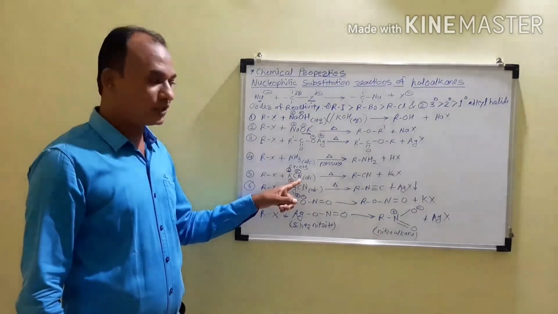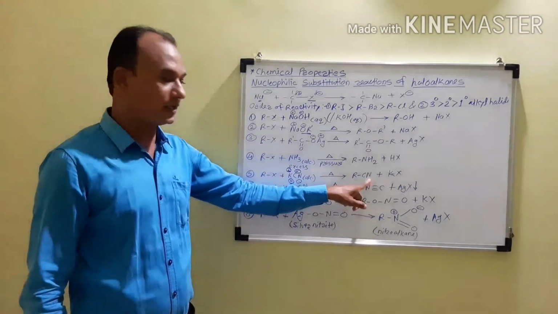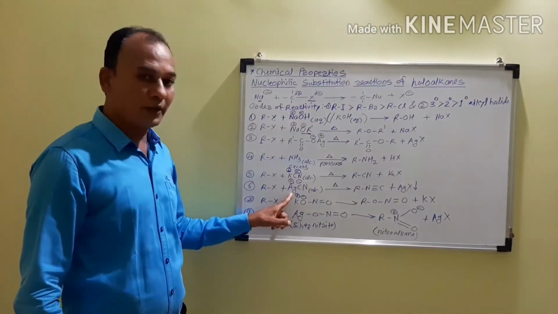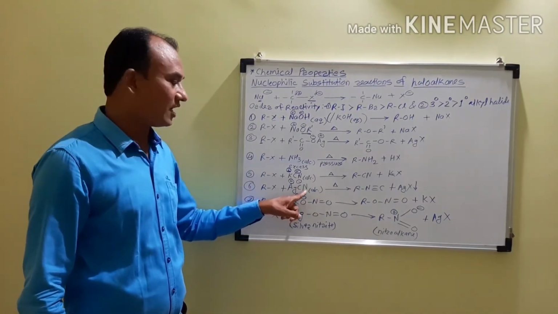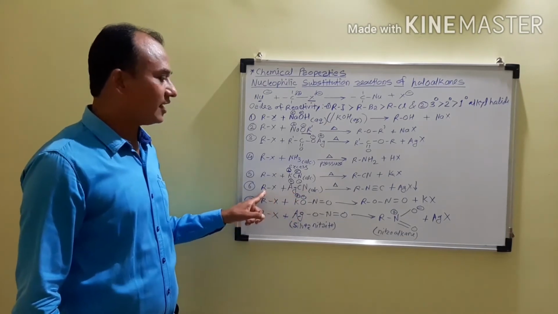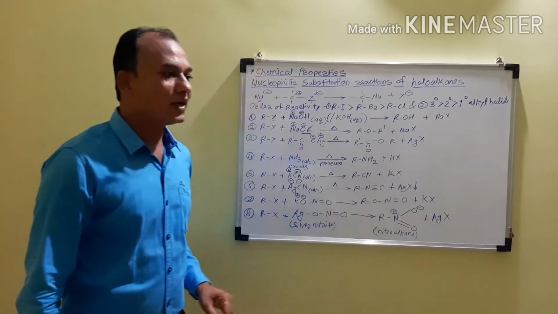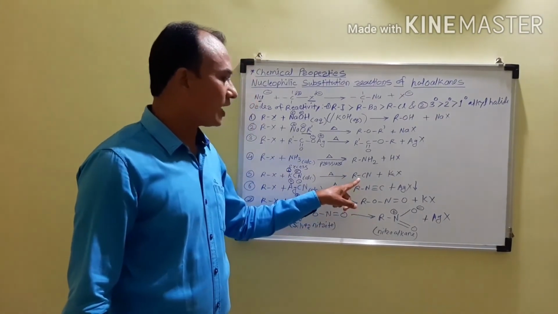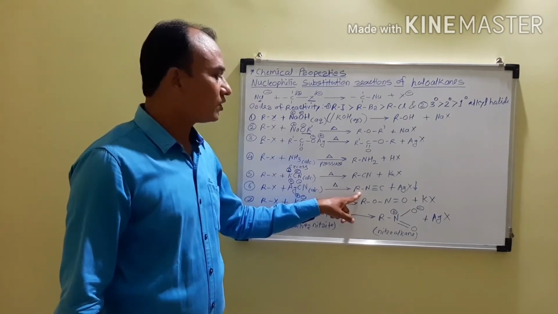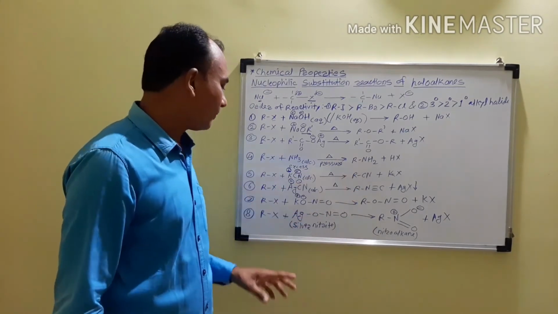When we are using potassium cyanide, it attacks through the carbon atom, and therefore we get the alkyl cyanides. But when we are using alcoholic silver cyanide, this cyanide ion, which is negatively charged, attacks through the nitrogen, and then we get R and triple bond C. So the product which we are obtaining is different. So it is the alkyl isonitrile.